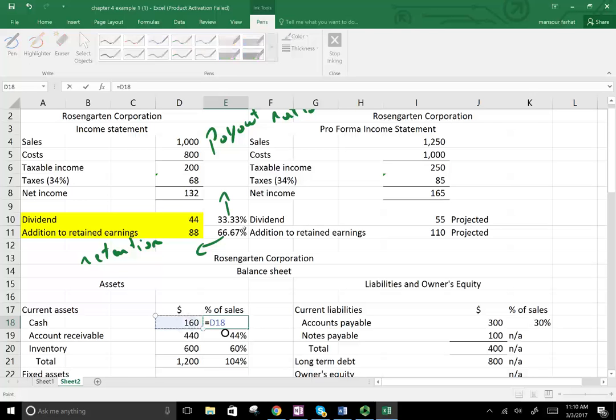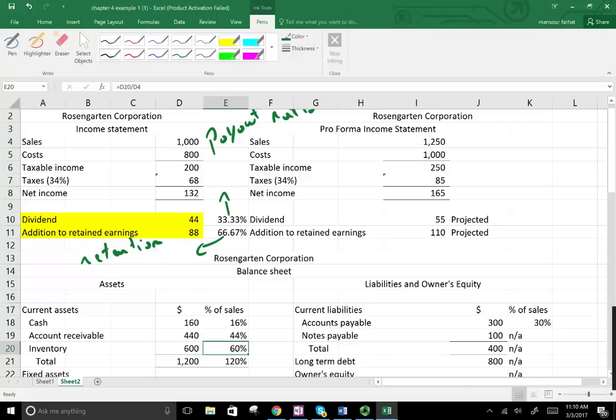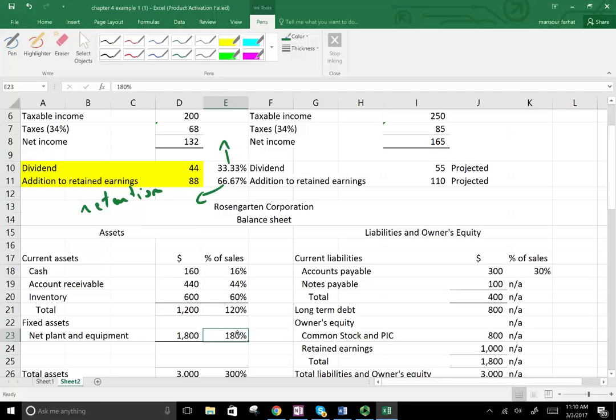Cash, 160, is 16% of sales, and obviously accounts receivable varies with sales. It's 44% of sales. Also, we assume that property, plant, and equipment varies with sales, and it happens to be 180%.